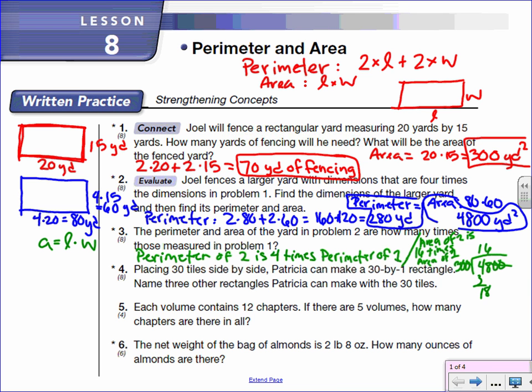Well, if you look here, we have 4 here and 4 here. 4 times 4 would give us 16, and then we still have our original numbers of 20 and 15. Well, 20 times 15 was 300. So we have 16 times our original 300.